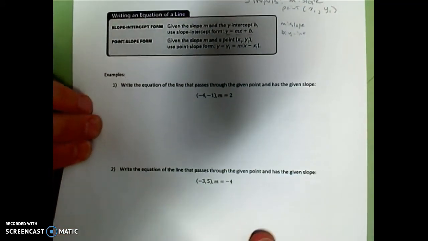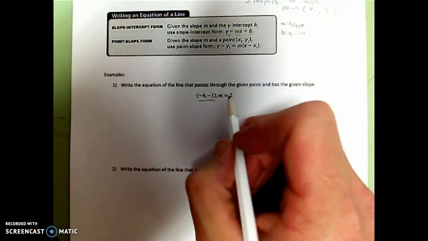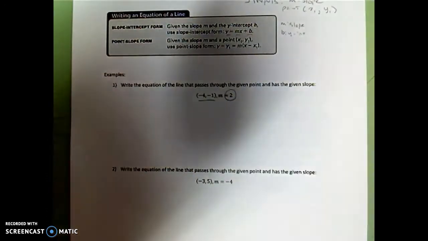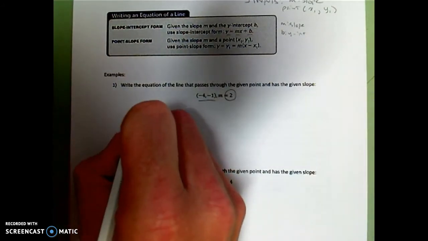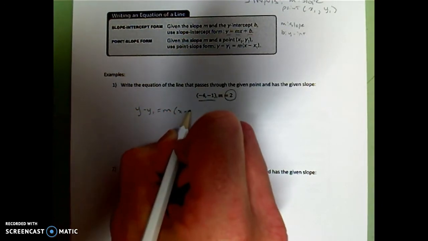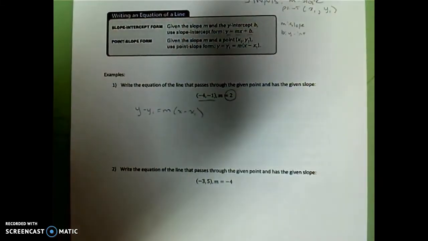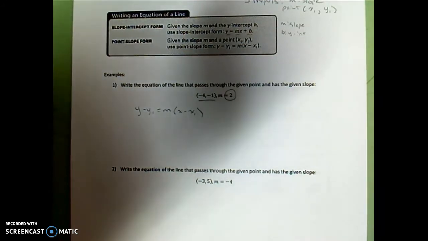Let's take a look at an example. Given the point -4, -1, and a slope of 2, write the equation of the line that passes through that point and has that slope. I'm a very large fan of writing down the formula, whether it's a math word problem, a physics problem, or another type of science problem, writing down the formula and then plugging in values.